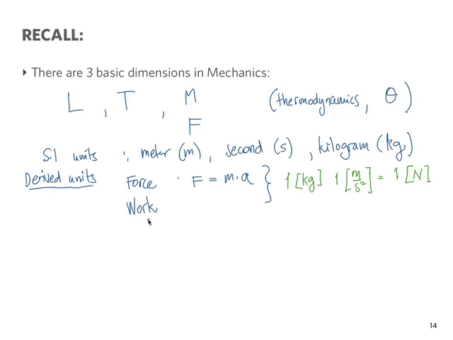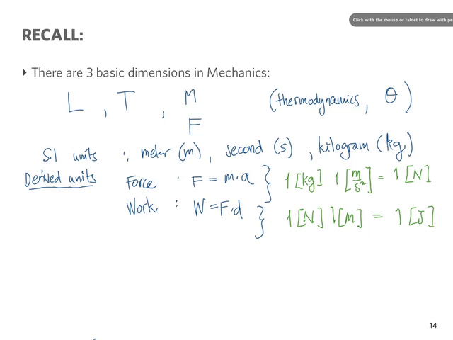Work is force multiplied by a distance, and so in SI units it'll be 1 Newton multiplied by 1 meter, and that is equal to the unit of work, which is the joule. 1 joule is equal to 1 Newton meter.